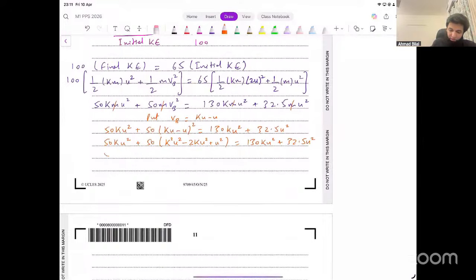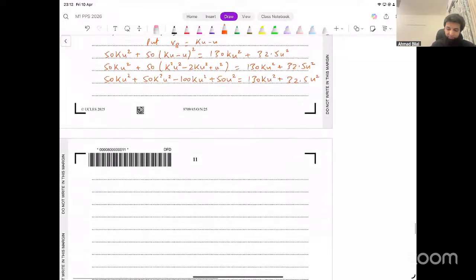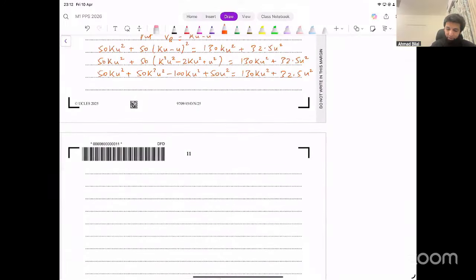Now this simplifies to 50 Ku squared plus 50 K squared U squared minus 100 Ku squared plus 50 U squared, that equals 130 Ku squared plus 32.5 U squared. Now we simplify this further and see what that gives us. We've got some Ku squared terms. This is Ku squared, this is Ku squared, this is Ku squared.